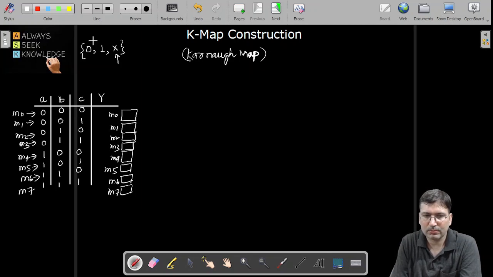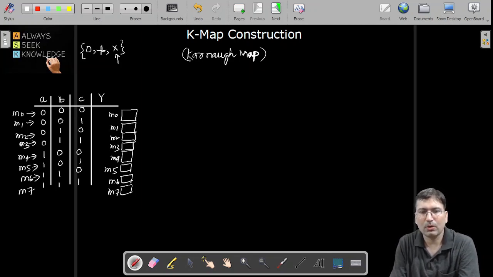All these 8 places can be filled by either 0, or 1 or don't care.